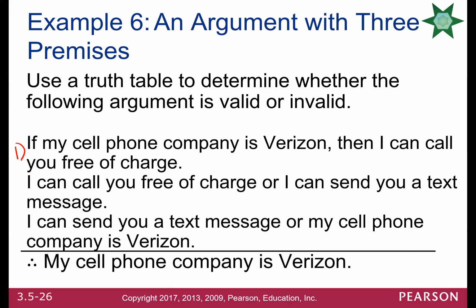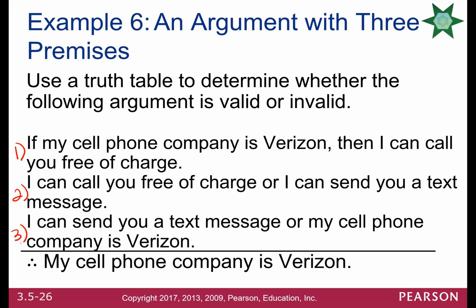Premise two, I can call you free of charge, or I can send you a text message. That is two. Three, I can send you a text message, or my cell phone company is Verizon. That's premise three. My conclusion is my cell phone company is Verizon.